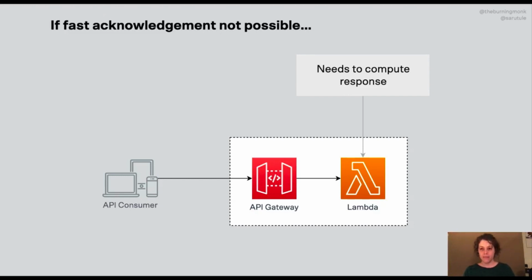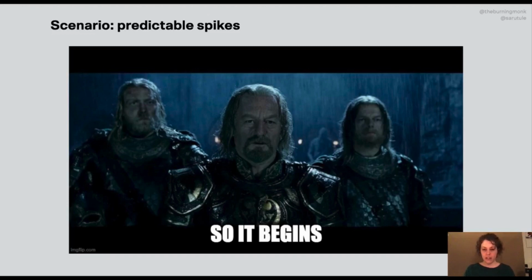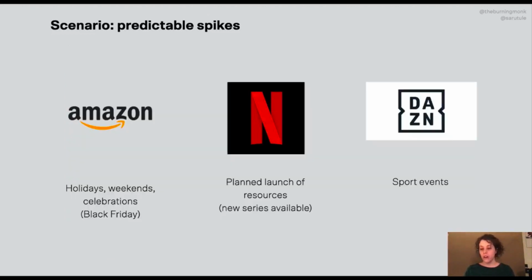So let's see, there are some scenarios around that. The first scenario is when you have predictable spikes. So you can predict the moment when you have a lot of traffic coming to your service. That scenario is typical of e-commerce websites and applications.